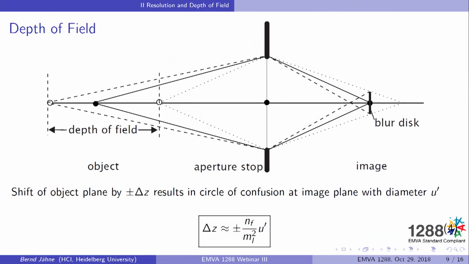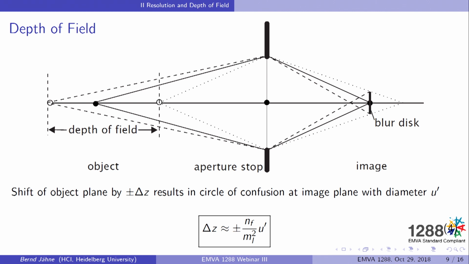If I get either closer or farther away, then I will no longer have a sharp image, and this is illustrated with a blur disk here. So I showed you 2 examples where I either went further away or closer, which produce the same circle of confusion at the image plane.